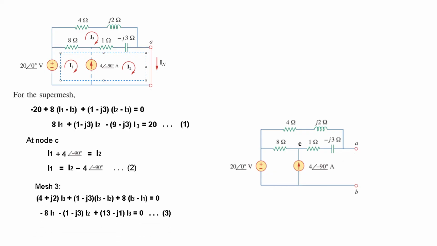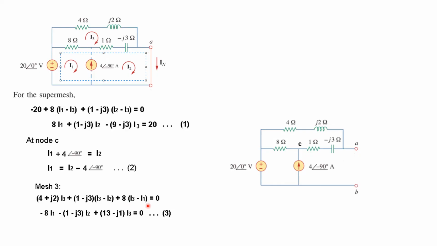And now we'll write the third equation for mesh 3. We are starting from here, so (4 plus j2) I3. Then we come here, so (1 minus j3)(I3 minus I2). This is I3 and this is minus I2. And similarly here 8(I3 minus I1).